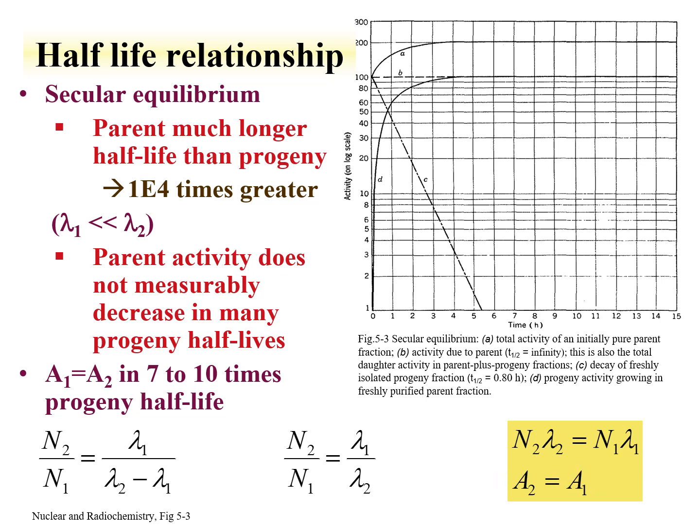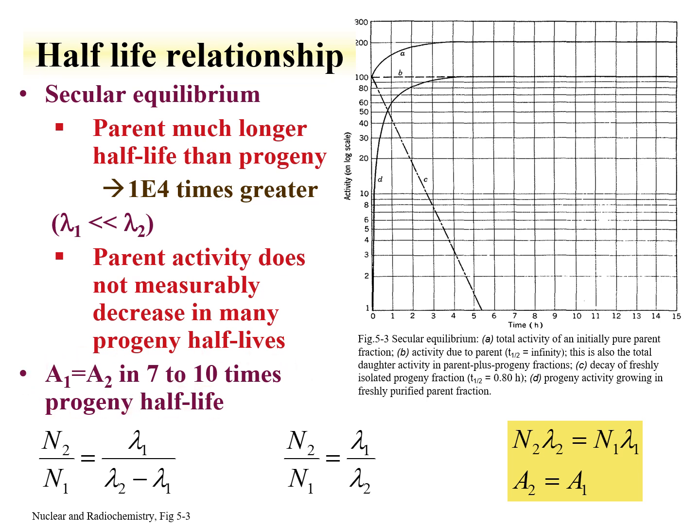The equation that relates the time needed to achieve maximum progeny activity with the parent and progeny decay constants was already provided. As a matter of practice, the equilibrium between the parent activity and the progeny activity usually occurs between 7 to 10 times the progeny half-life.